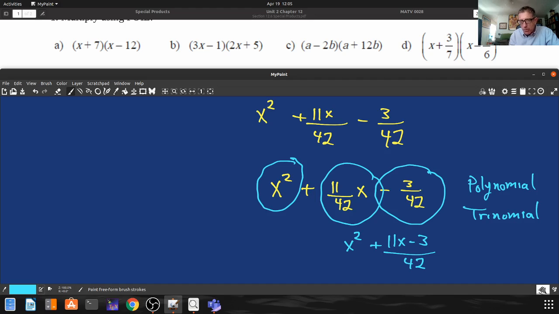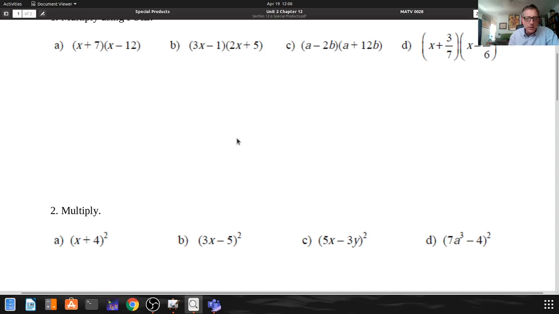That can, of course, be reduced by dividing by 3 to minus 1/14. So it's probably best to write this as minus 1/14. I'm not going to bother to erase it though.